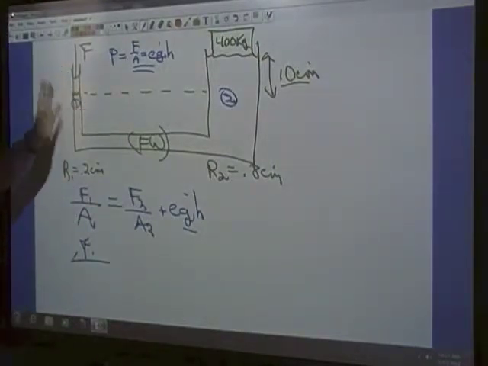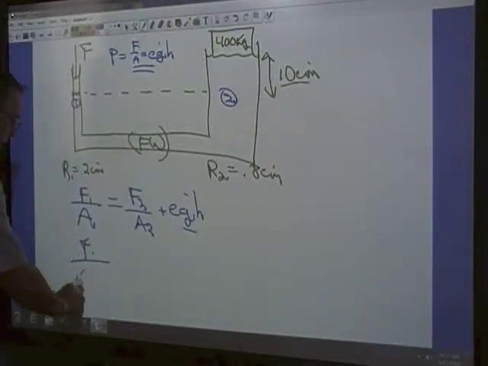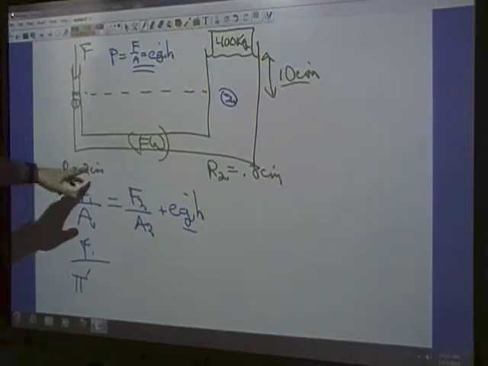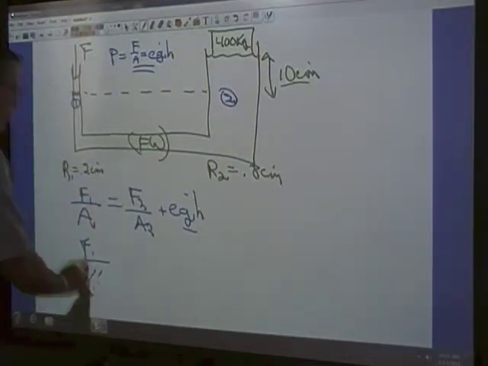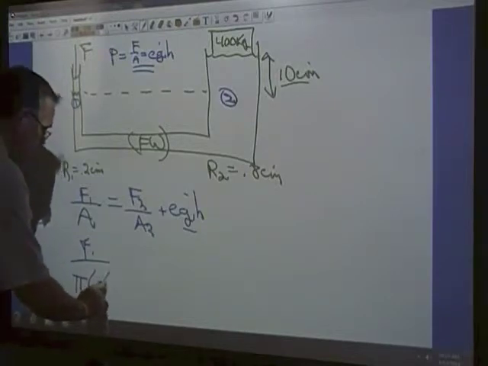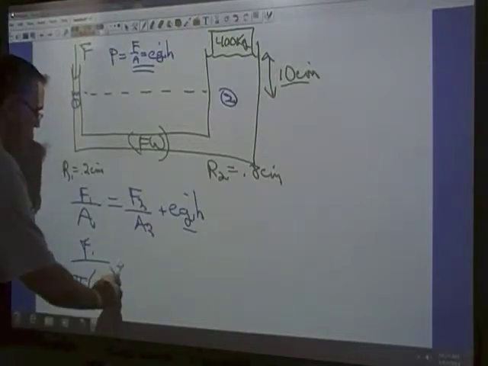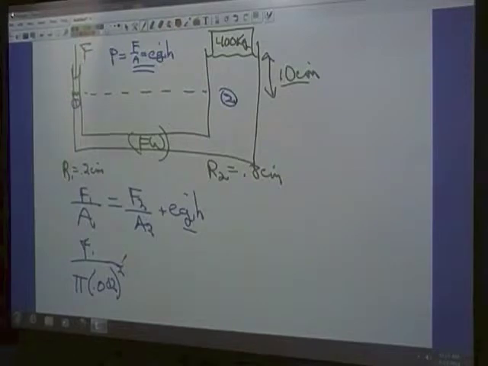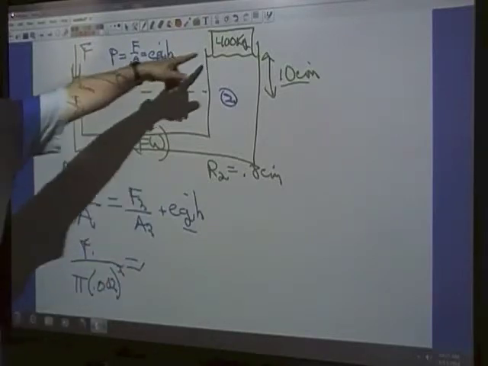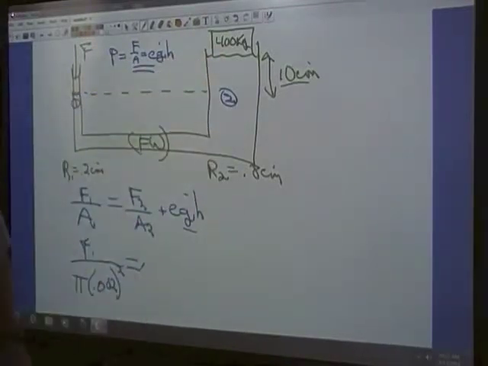The area of a perfect circle is pi r squared. So I'm thinking pi times 0.002. We've got to change that to meters, 0.02. Pi times 0.02 squared. Agreed? That has to equal, what's the force that the 400 kilogram mass exerts down?